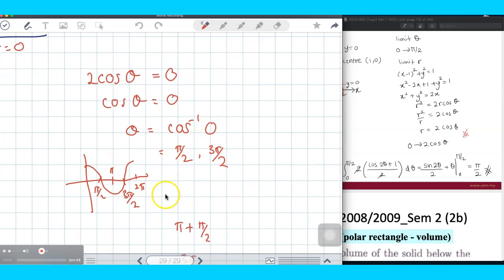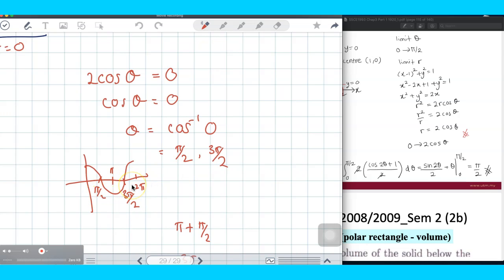Based on the graph, or maybe you will just use the calculator. I don't like to use the calculator, so I just use the graph of cos for one cycle, 0 to 2 pi. From the graph you can see that to get 0, theta can be pi over 2 and 3 pi over 2.